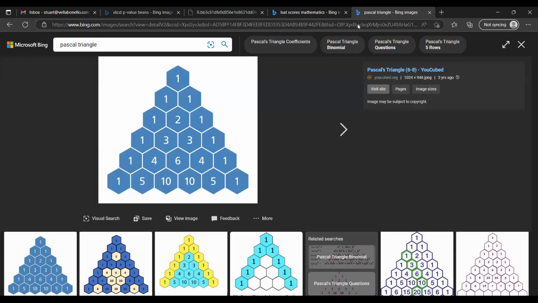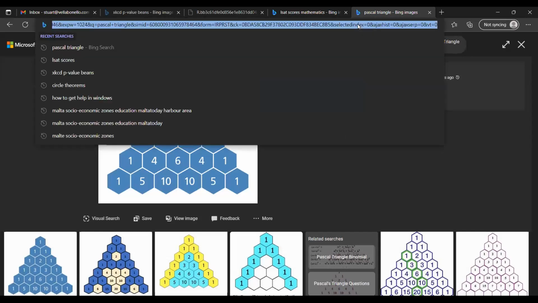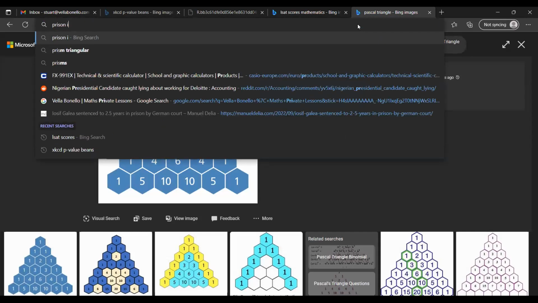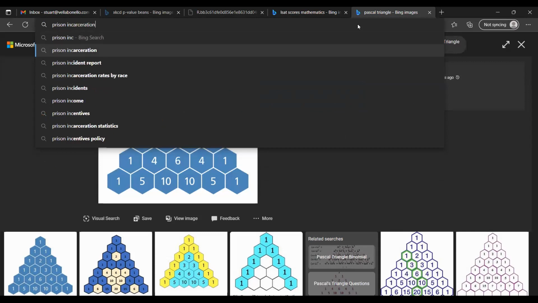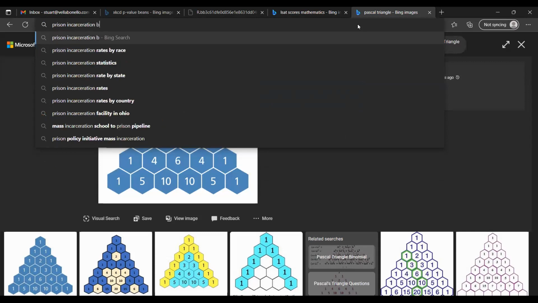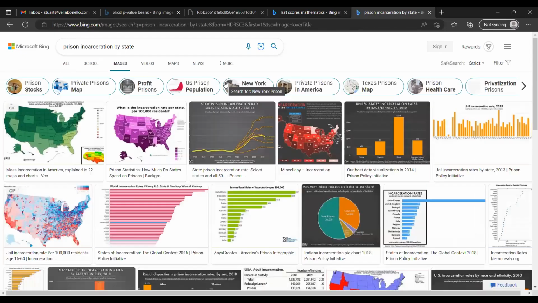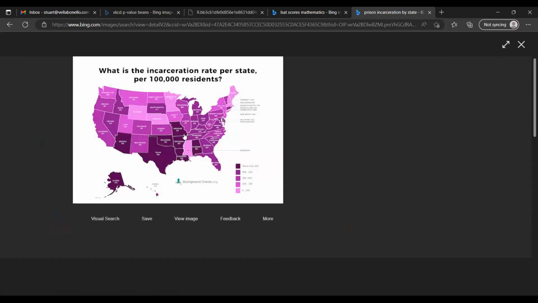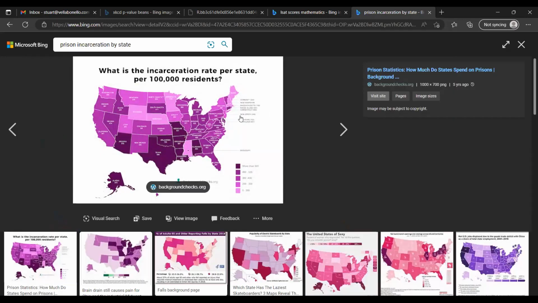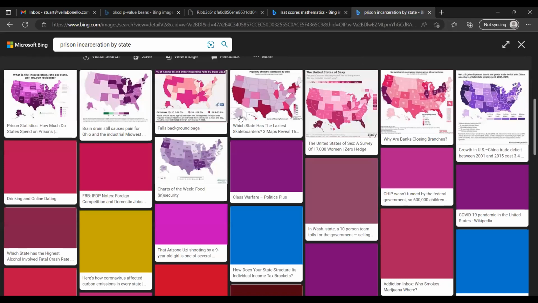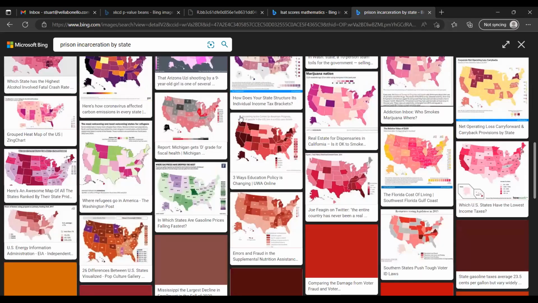Don't even ask me where I get these. Prison by state. What I want is something like this, but I want it three-dimensional, where they place a column.